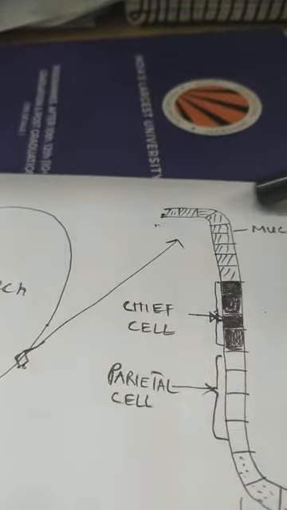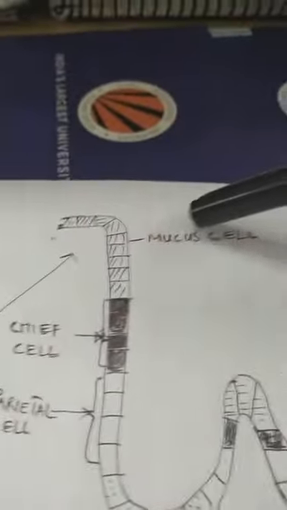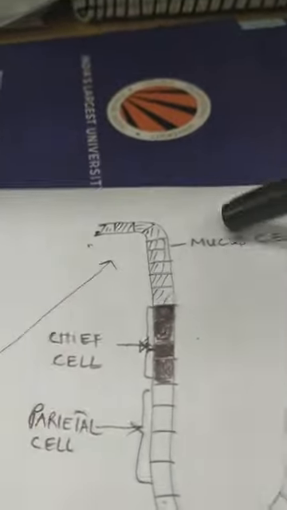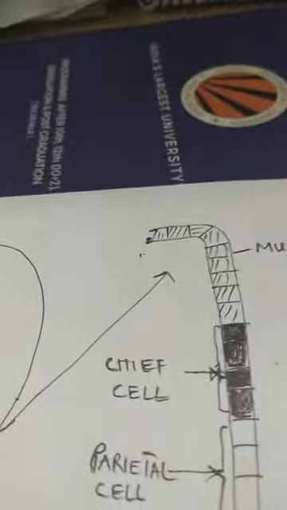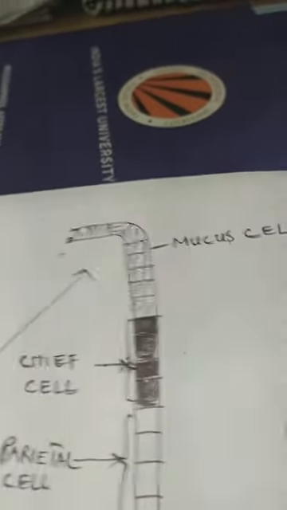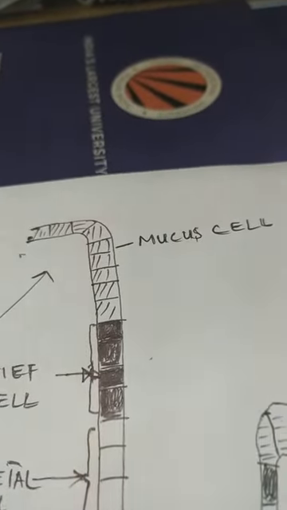Just on the surface of our stomach, we have our mucus cells. Mucus cells are on top, on the surface of our stomach, and they play a very important role. Mucus cells are easy to remember.